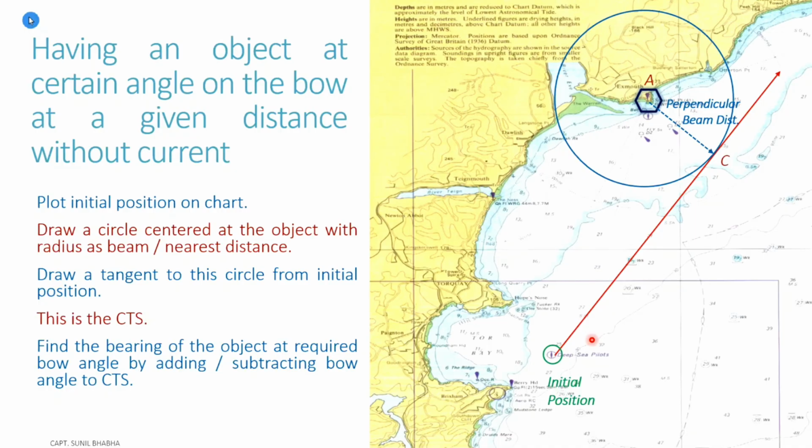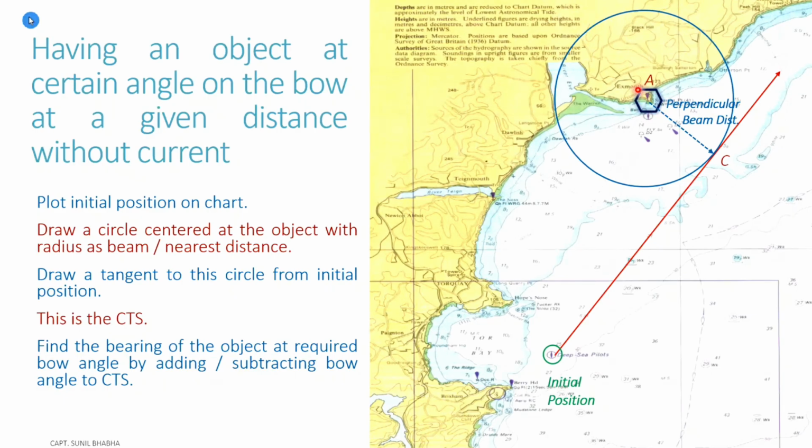Now when we do this, we will obtain the bearing of that particular object. So find the bearing of the object at the required bow angle by either adding or subtracting the bow angle to the course steered. So we will obtain the bearing of the Straight Point lighthouse.